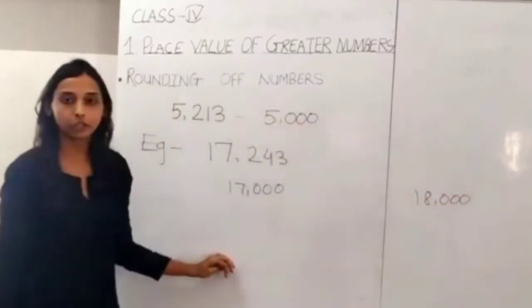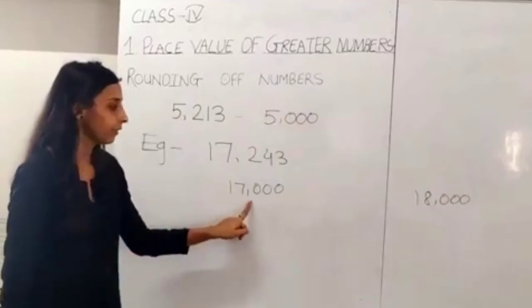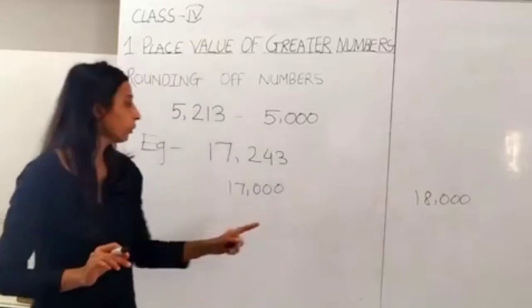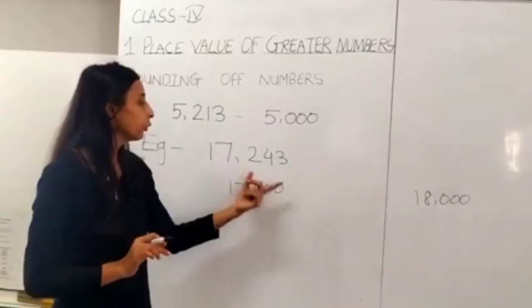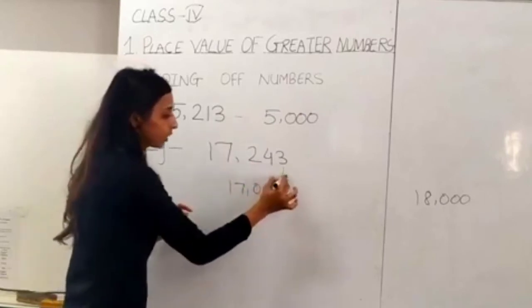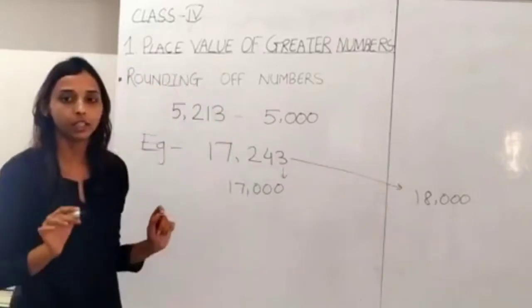So the question is how to round off this number. We can round it off as 17,000 or 18,000. Keep in mind that while rounding off, you have to round off to the nearest number, whether it is nearest to 17,000 or to 18,000. This you have to see.